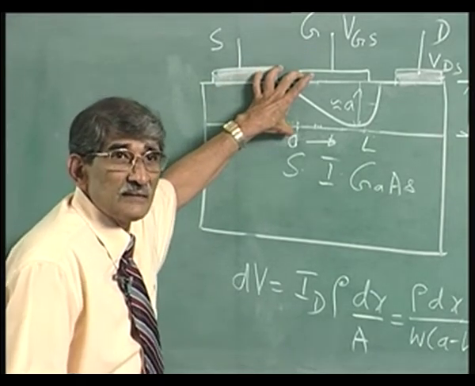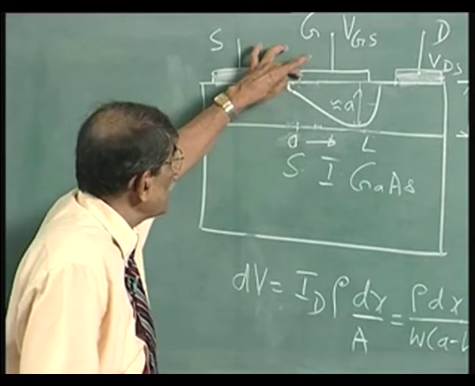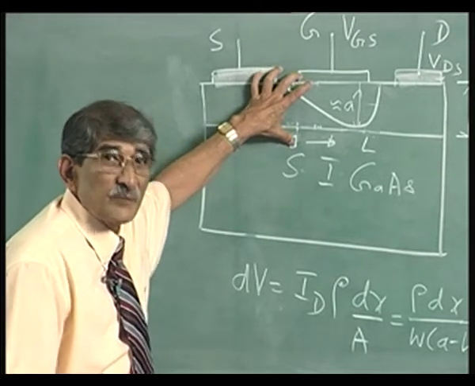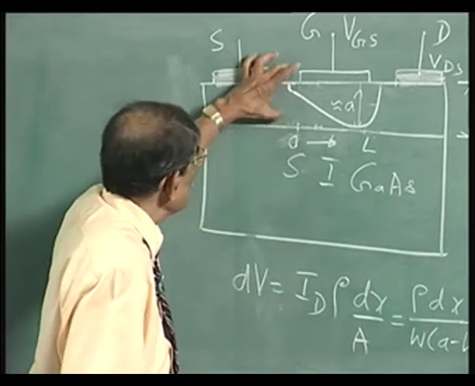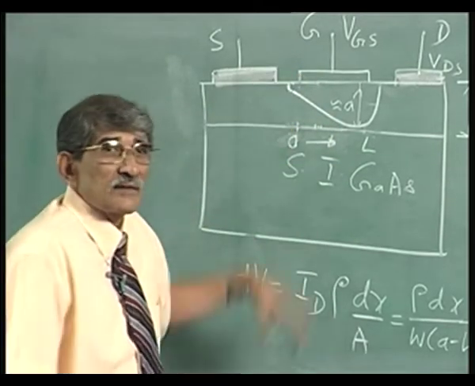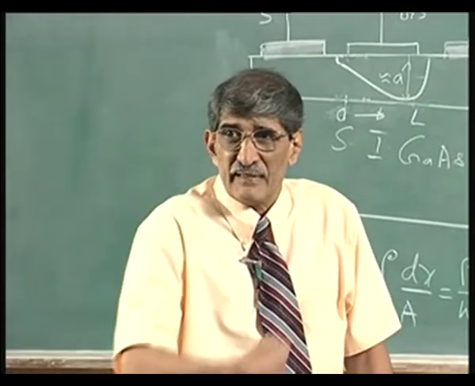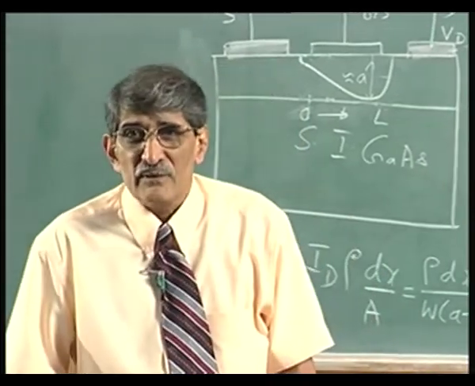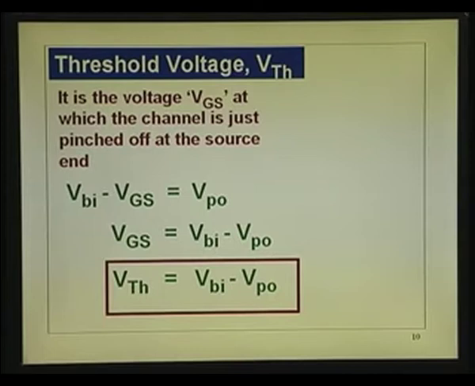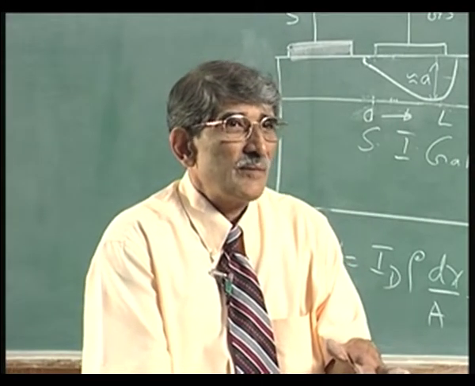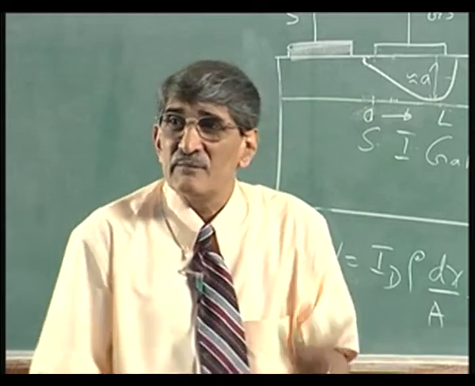And what is that quantity? V b i minus V g s should be equal to V p 0. So, when this is V p 0, there is no drop in the y direction, x direction. So, what you have is V b i minus V g s is equal to V p 0. That particular V g s is actually threshold voltage. So, threshold voltage is the voltage that you must apply to the gate, so that potential drop across the source at the source end is V p 0.